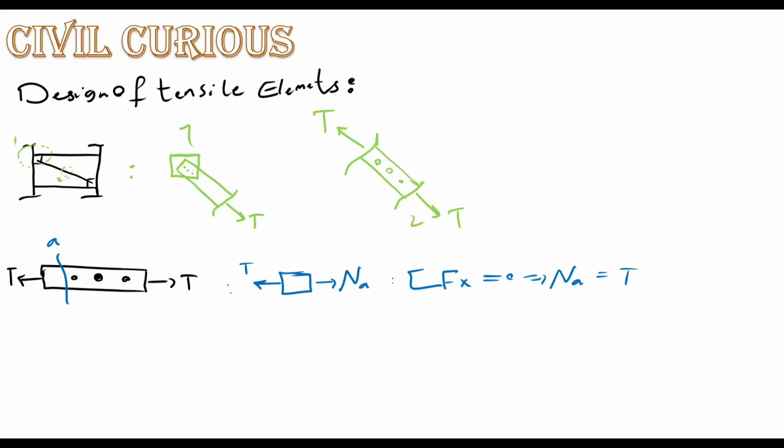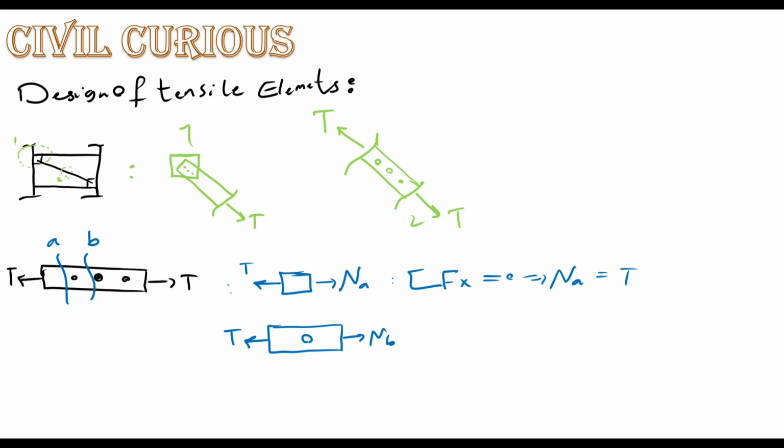Now I want to make a section cut here and name that B. You see, in the B section, we have a pure element which has two loads, T and the axial load of B, and this is our hole.